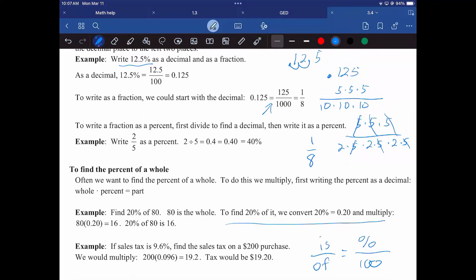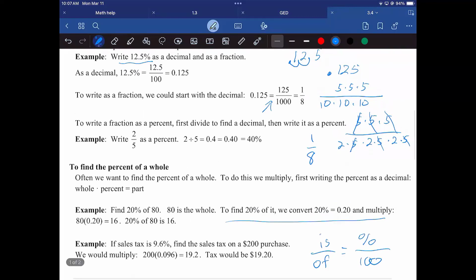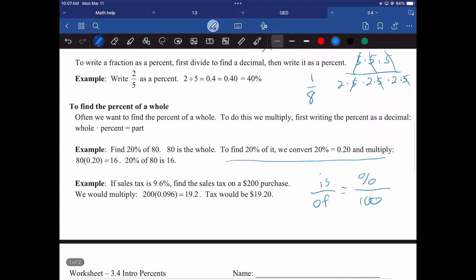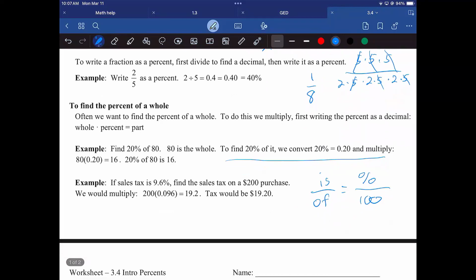The reason I want you to learn is over of is simple. If you learn the is over of, then you have the ability to use this proportional relationship. See, is to percent is the same as of 100. Remember, percentage means of 100. That's the relationship I'm using.